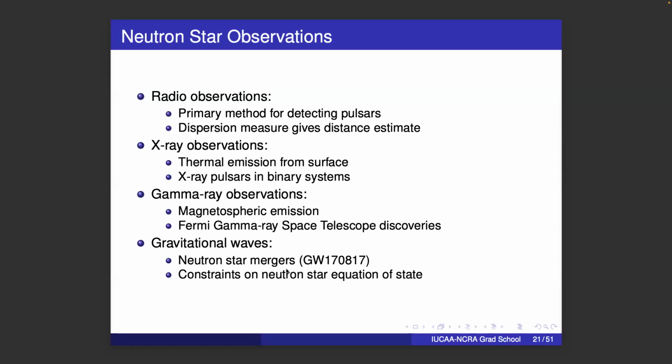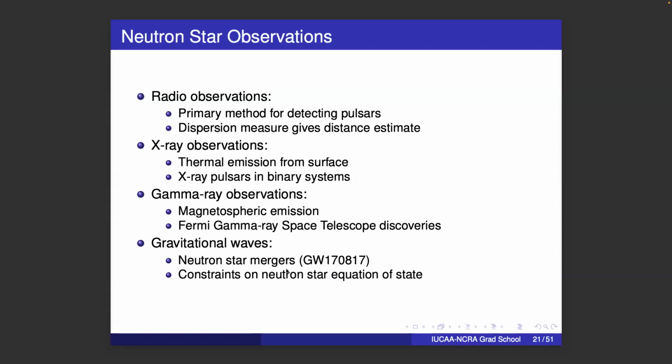But that quantity is an integral of the electron density times the distance along the line of sight. So you integrate n_e dl from Earth to the pulsar, and that will give you the dispersion measure. Now, if n_e were constant, you could pull it out of the integral, and then you directly get the value of the distance to the pulsar.